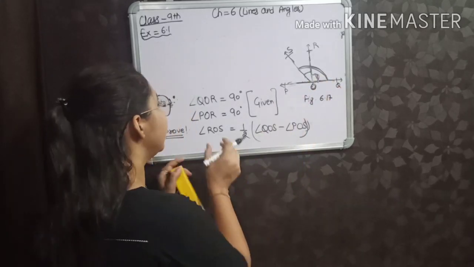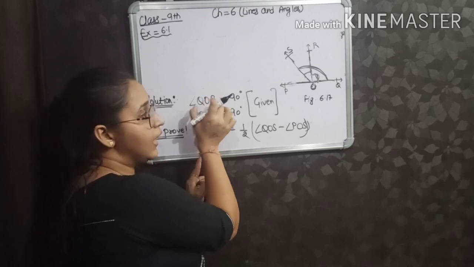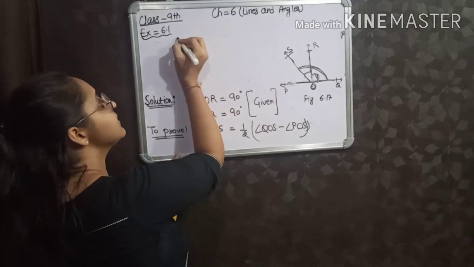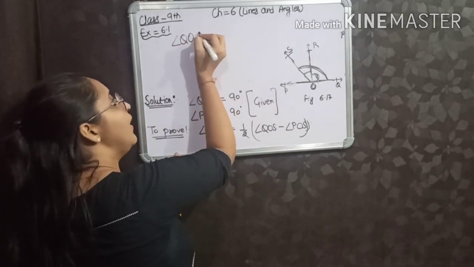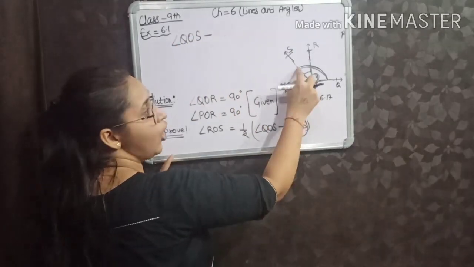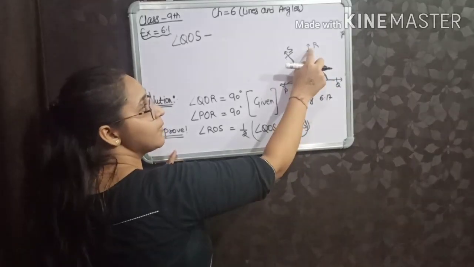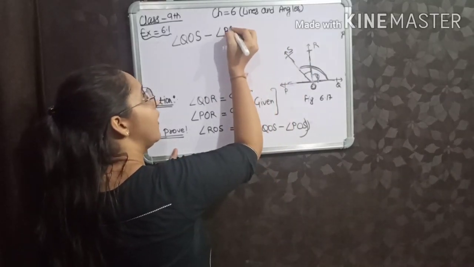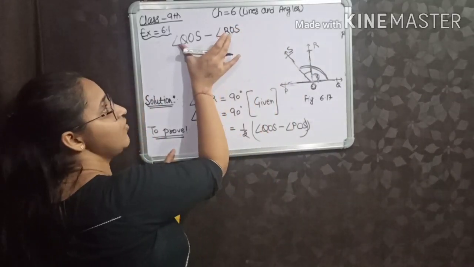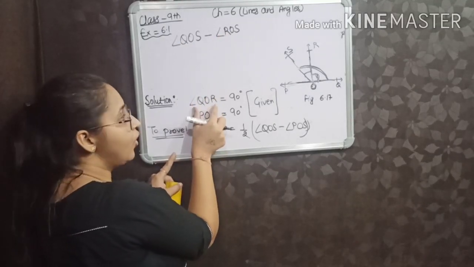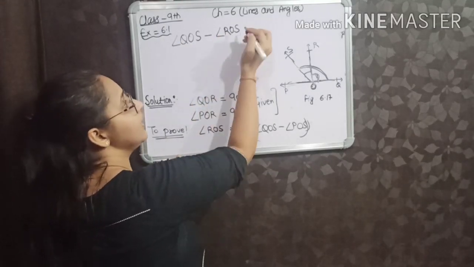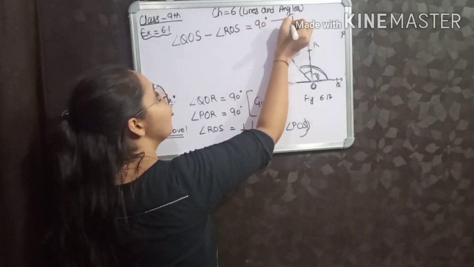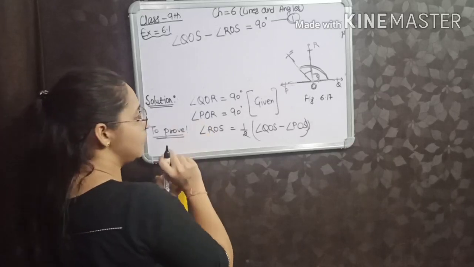This is given. So in place of angle QOR, I can write angle QOS minus angle ROS, and this value will give you angle QOR, which is 90 degrees. So I can write it as this. This is the first equation.